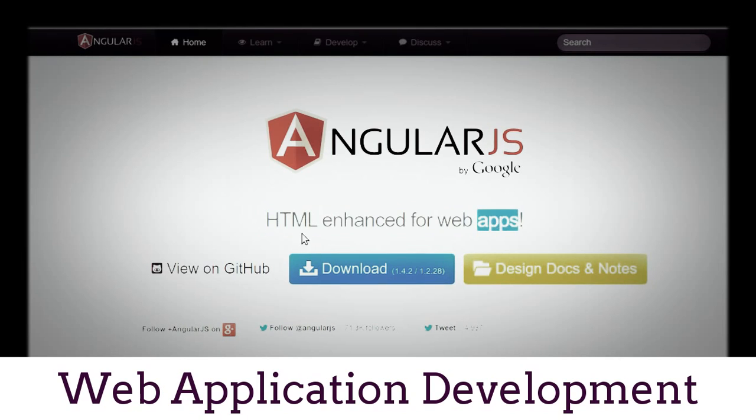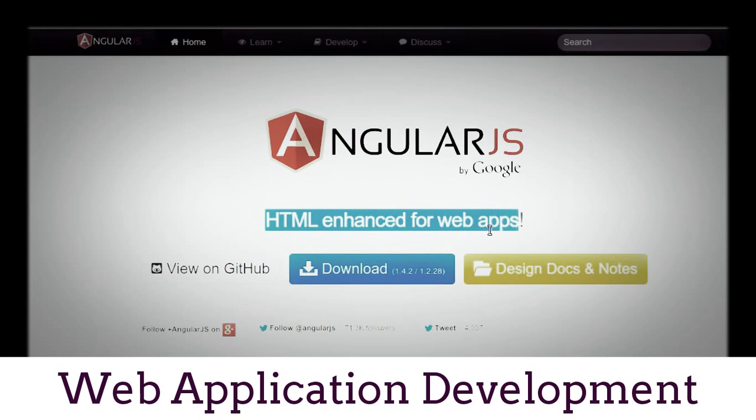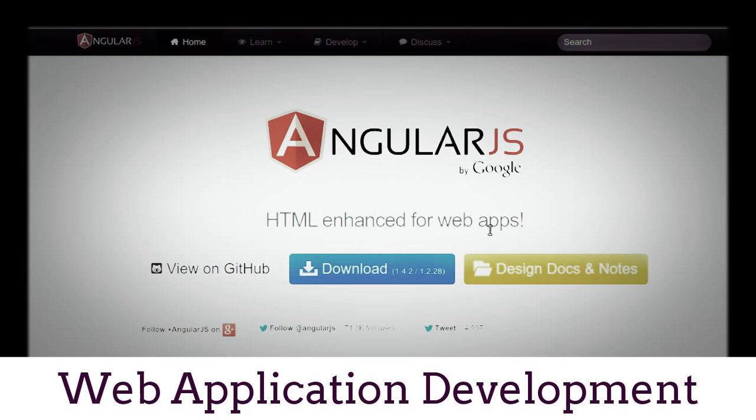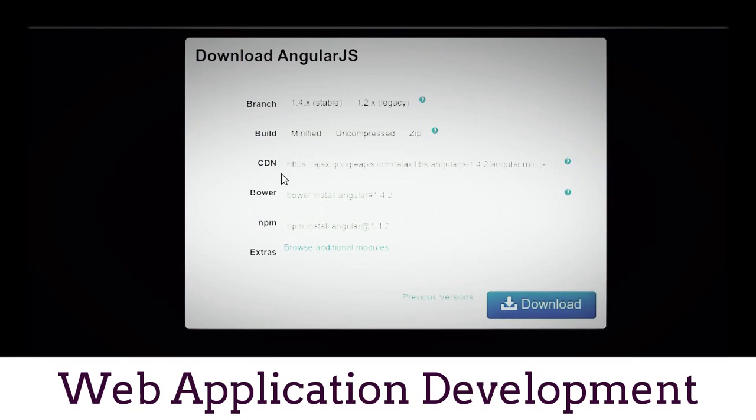It also has been around for a few years, but it allows you to do MVC, like model view controller development, in JavaScript. So let's go to angularjs.org, hit the download link, and don't actually download anything. You can just use AngularJS directly from their CDN link.